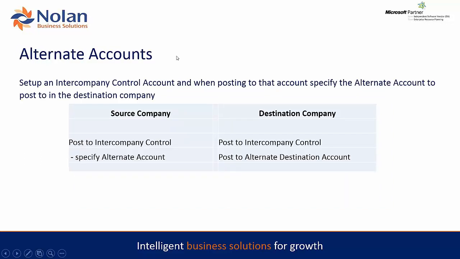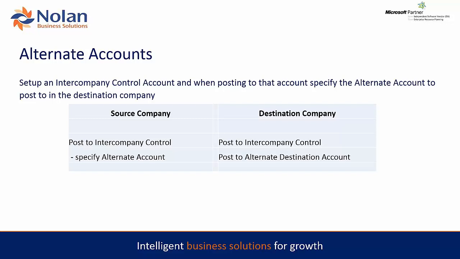The alternate account is an account which we set up which basically works within purchasing. So as you post your purchase invoice, you can set up the system so it can spot the intercompany control account that you're posting that invoice to, and it'll ask you to specify the alternate account. That alternate account is an account in the destination company.